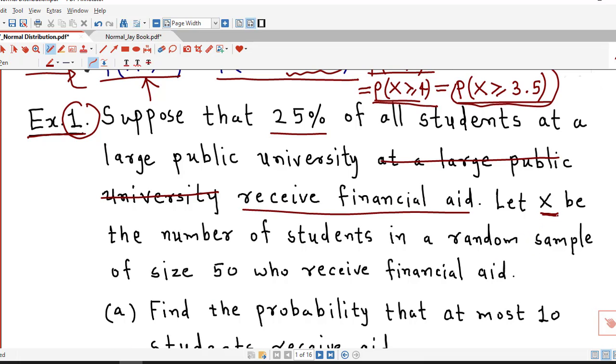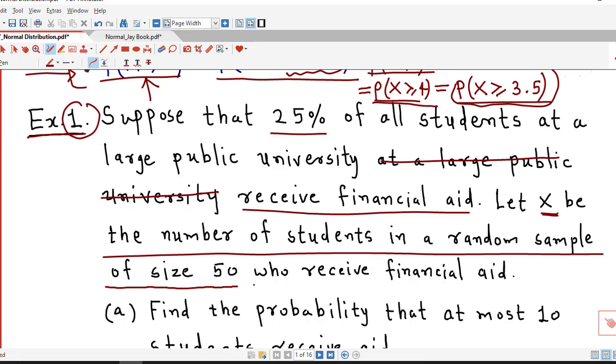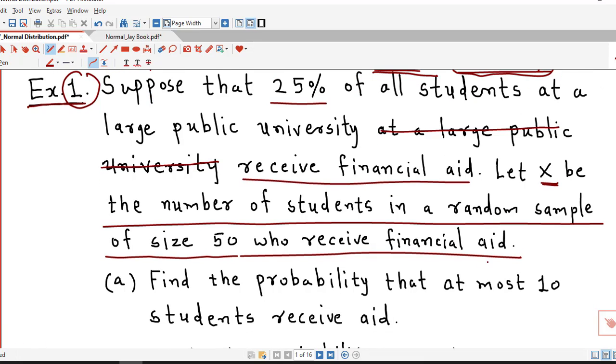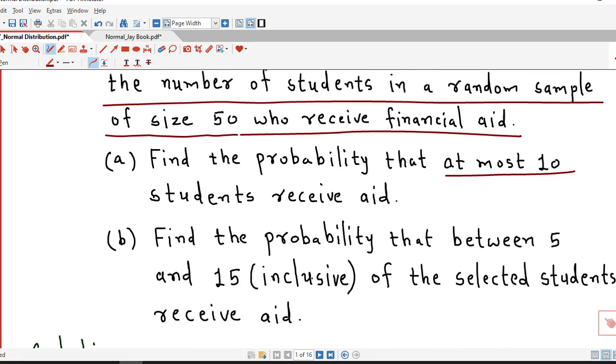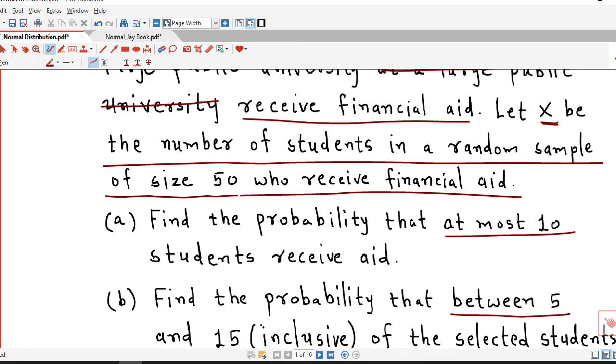Let capital X be the number of students in a random sample of size 50 who receive financial aid. Find the probability that at most 10 students receive financial aid, and find the probability that between 5 and 15 inclusive of the selected students receive financial aid.